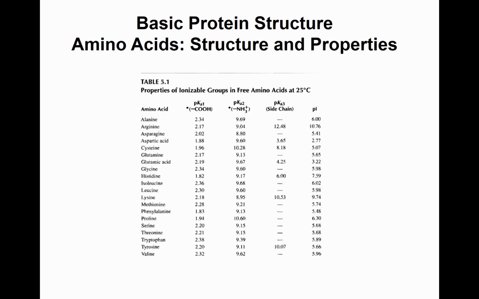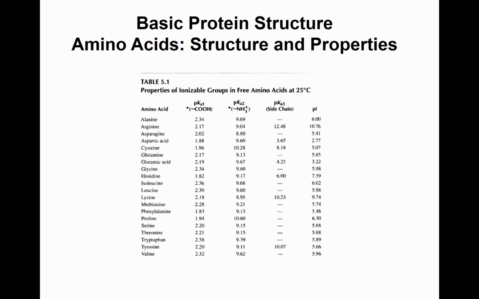The pKa3 is dependent on whether the side chain is acidic or basic. So if it's acidic, like in glutamic acid, it would be lower than 7. Aspartic acid is in the acidic range. And then the basic ones are in the basic range. Okay, and this is a list of isoelectric points.